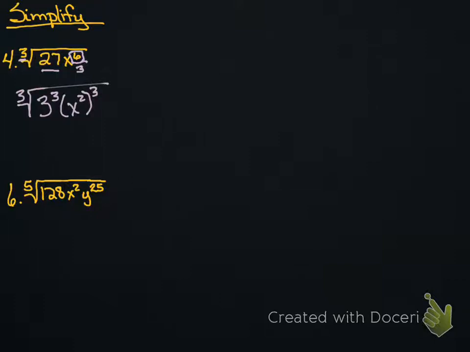So I know I'm good there. Now I have the cube root of 3 cubed times x squared cubed. My radicals and my exponents are the same, so they can cancel each other out. That leaves me with 3x squared as my answer.